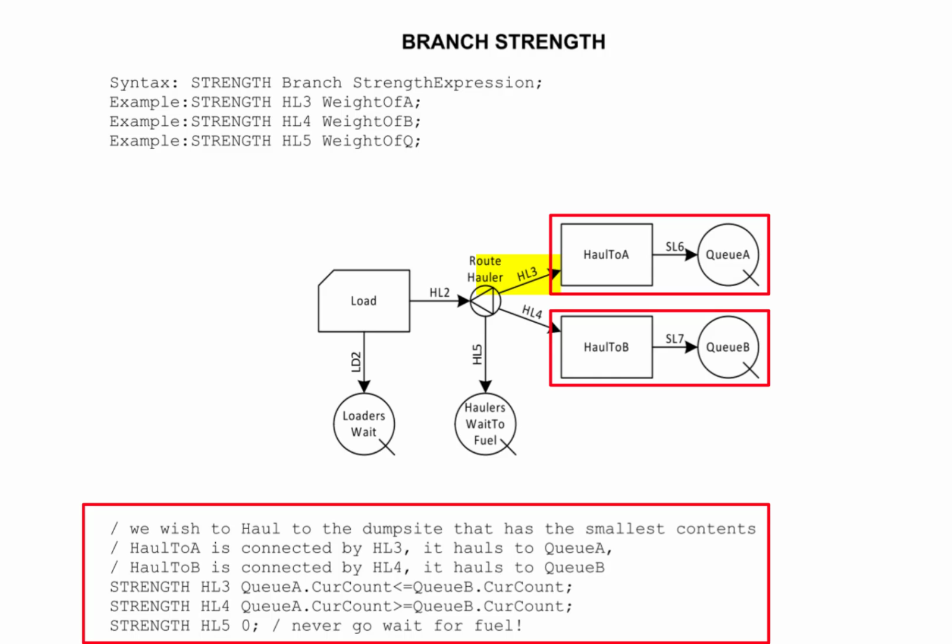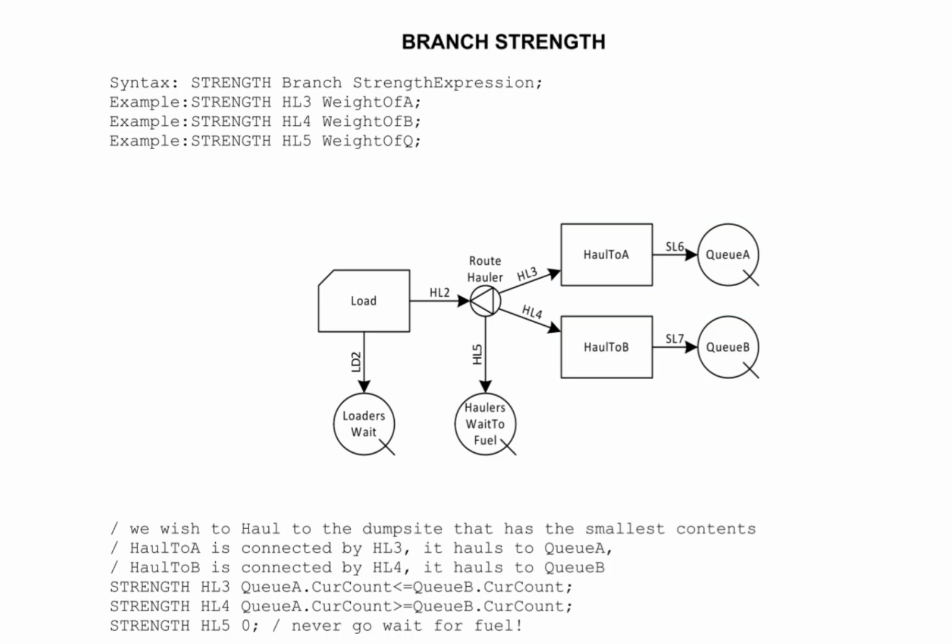So the strength of HL3 will have the value 1. The opposite statement is used for the strength of link HL4. That is, it will have the value 1 if the current count of QA is greater than or equal to the current count of QB. The strength of HL5 is set to 0. That is, a hauler will never go and wait for fuel.